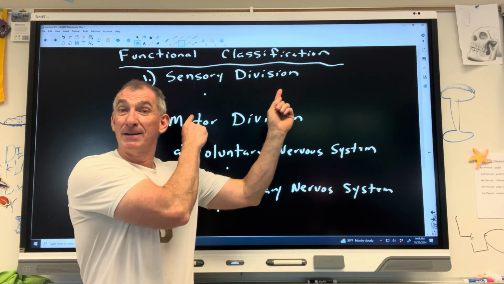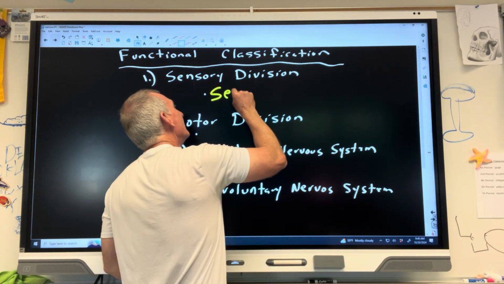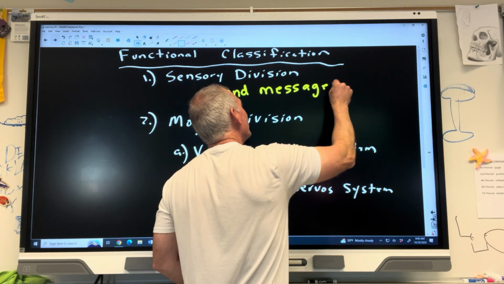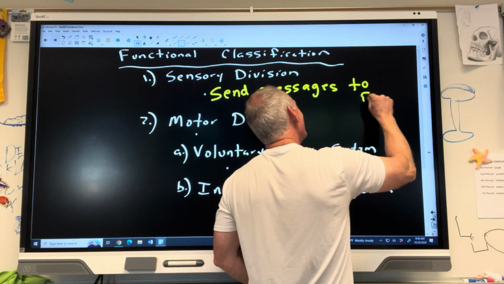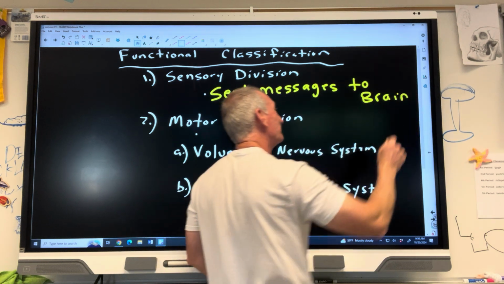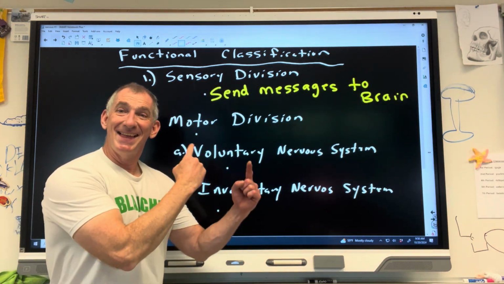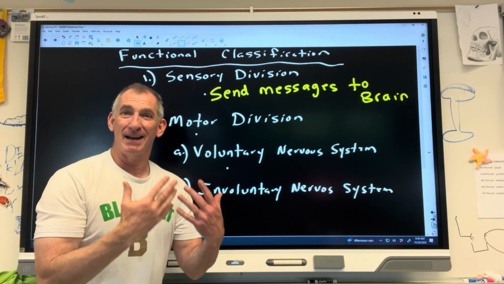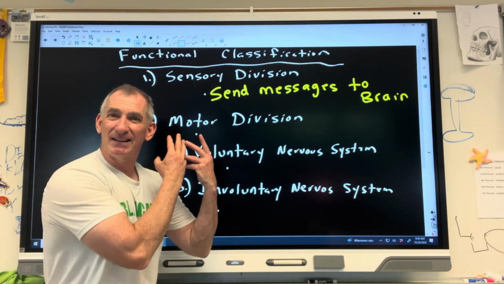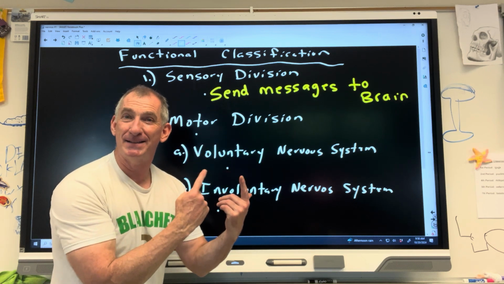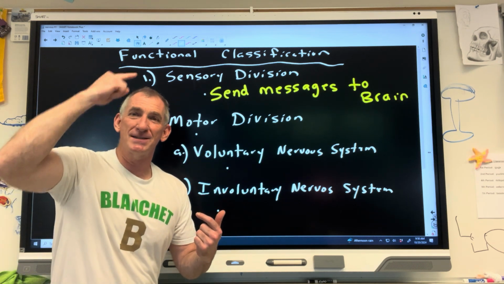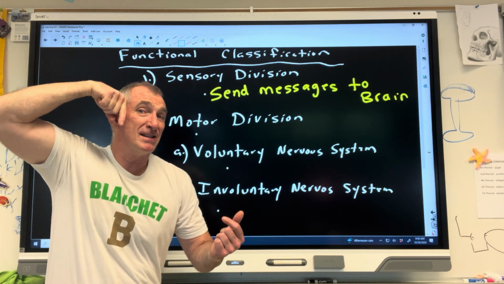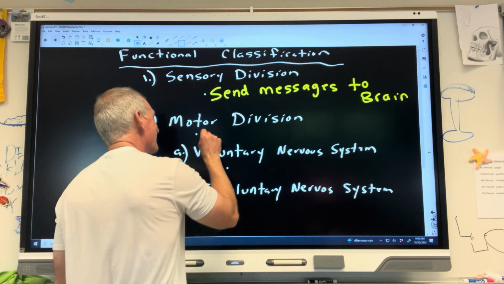And then the other is the motor division. When you define something that's different, you want the wording to be exactly the same except for the difference. If the sensory division sends messages to your brain, the motor division is going to send messages away from your brain.